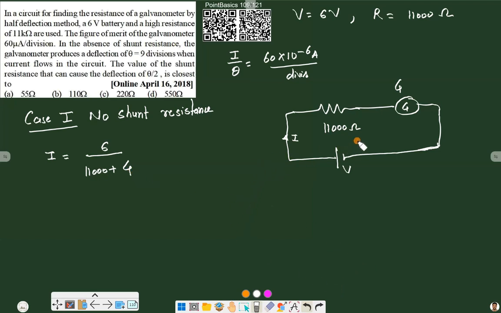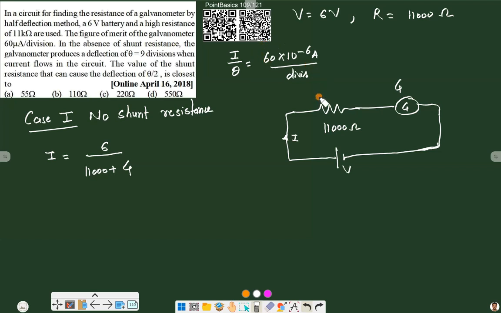And as already mentioned in the statement, in absence of shunt resistance, the galvanometer produces deflection theta is equal to 9. And we know the amount of current needed for unit deflection, or 1 theta deflection, is this amount.